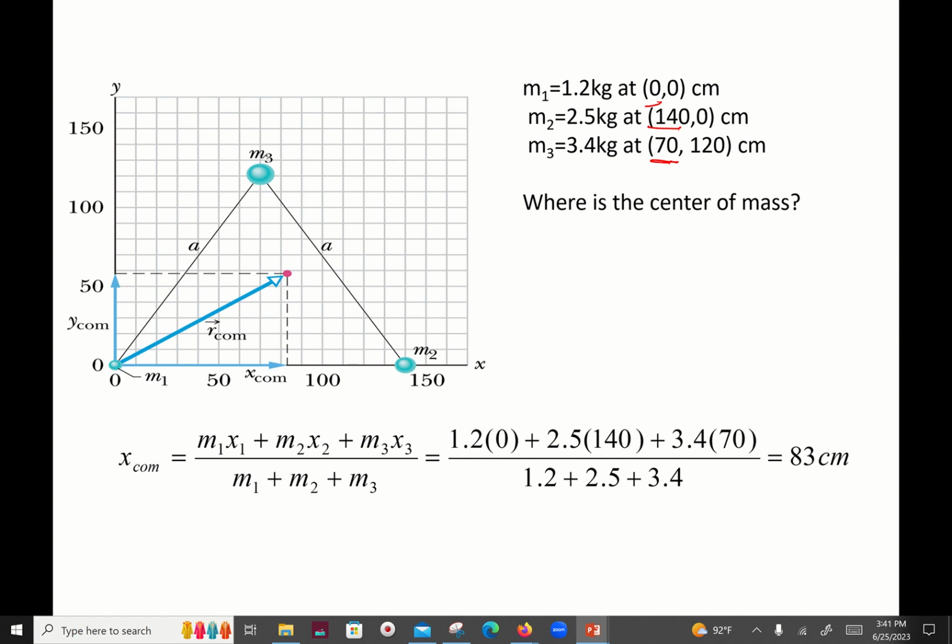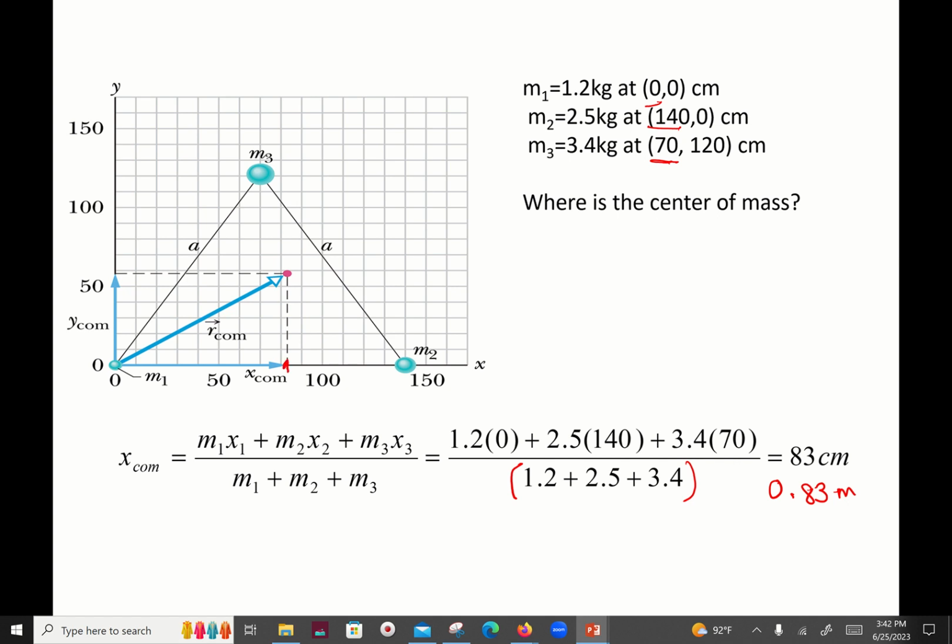And again, remember, if you do this in your calculator, put divided by and then do brackets around that sum, or calculate what the sum of the masses is before. So if you put that into your calculator, you get 83 centimeters, and we should probably put that into SI units of 0.83 meters.